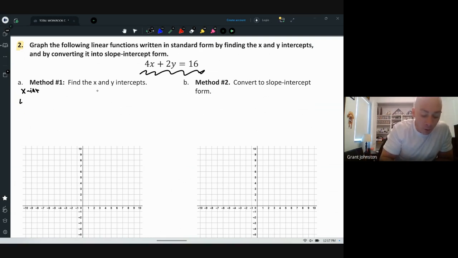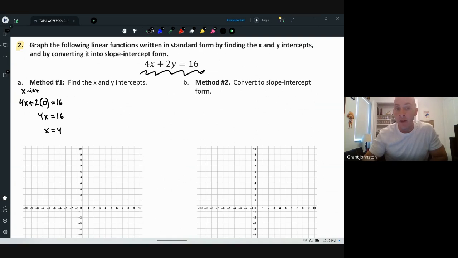So I'm going to go 4x plus 2, substituting 0 in for y, equals 16. 2 times 0 is 0, so I just have 4x equals 16. Divide by 4, x equals 4. So my x-intercept is at 4. So I'm going to put a dot there. That's how you find the x-intercept. You plug in 0 for y.